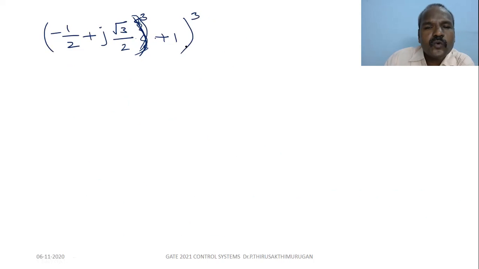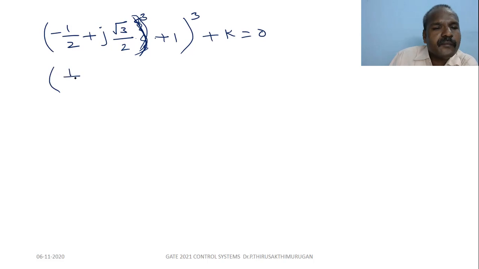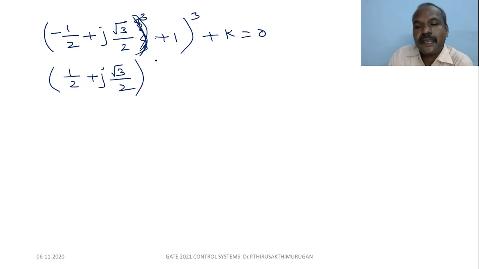Plus 1 whole cube plus k equal to 0. So if you expand this, minus 1 by 2 plus 1 is plus 1 by 2. So (1 by 2 plus j root 3 by 2) whole cube plus k equal to 0.